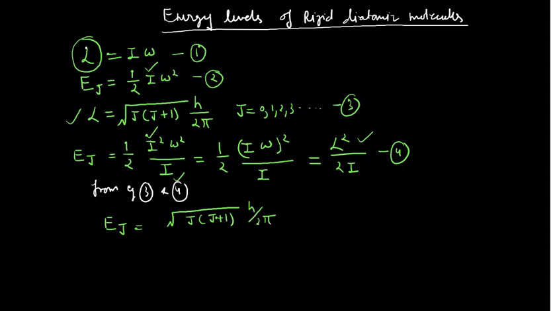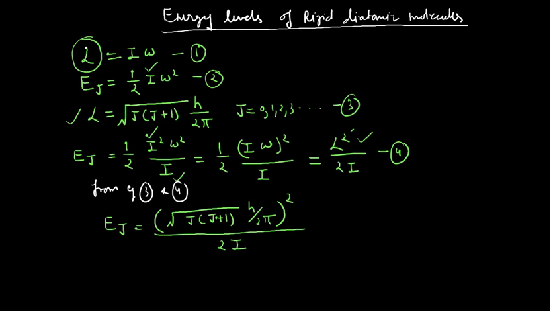Okay, that means the value of L you have put in, but here you can see the L square is there, so you can square it, divided by 2I. So what you have done is taken this value from here and put it here, and since it was a square, you have made a square.